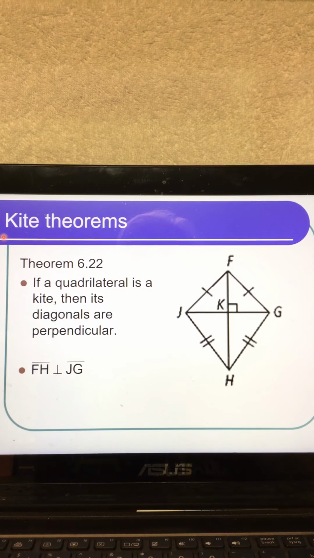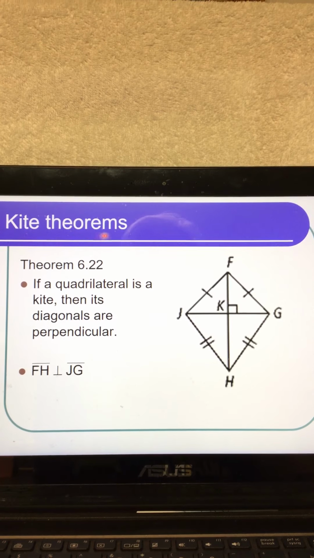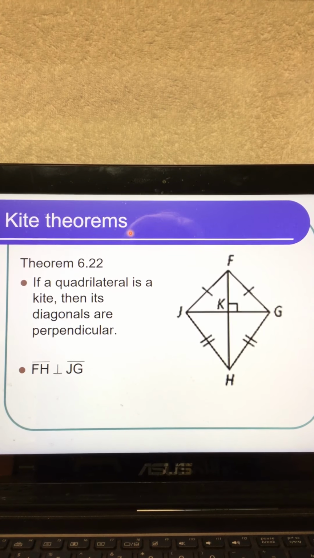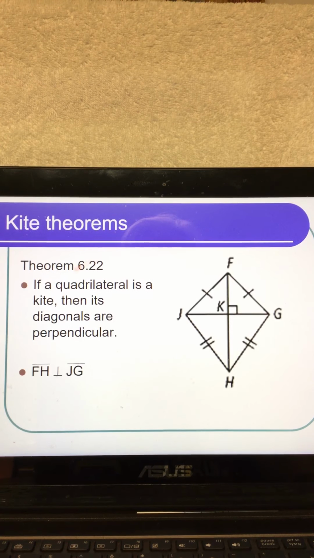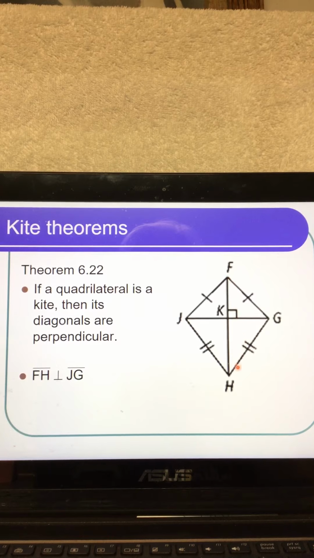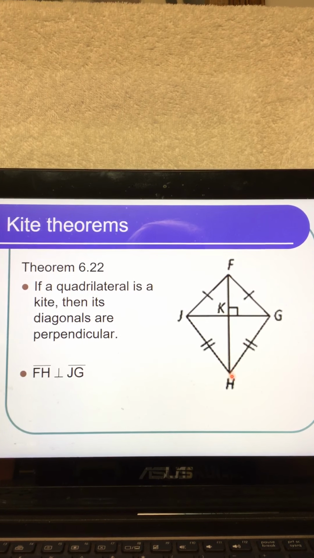All right, there is only one theorem that has to do with kites. Every other property of kites is based on the triangles formed by the diagonals. But here's the one theorem about kites. Kites' diagonals will be perpendicular.